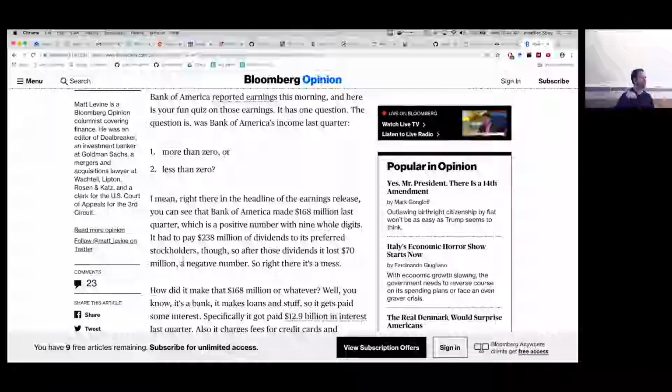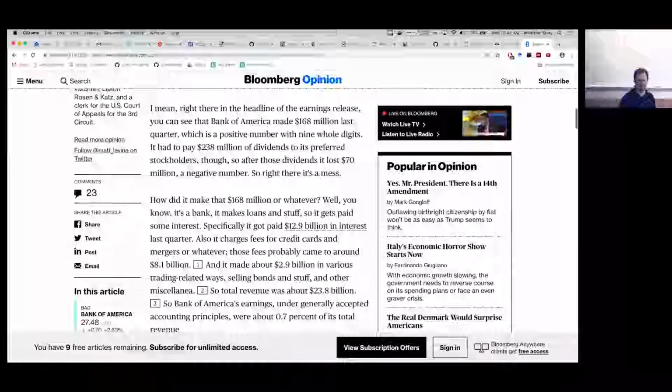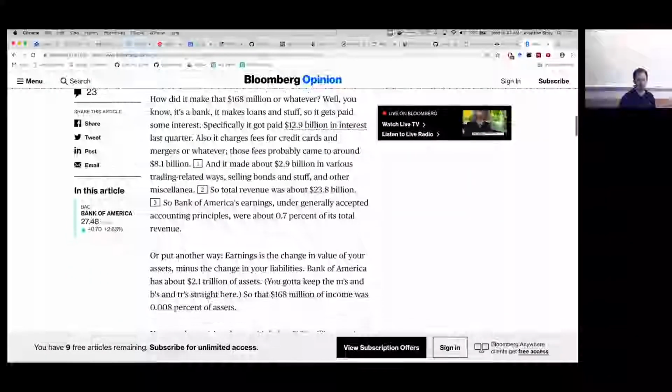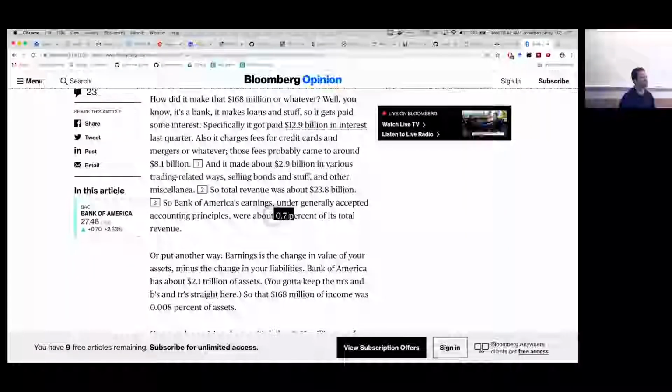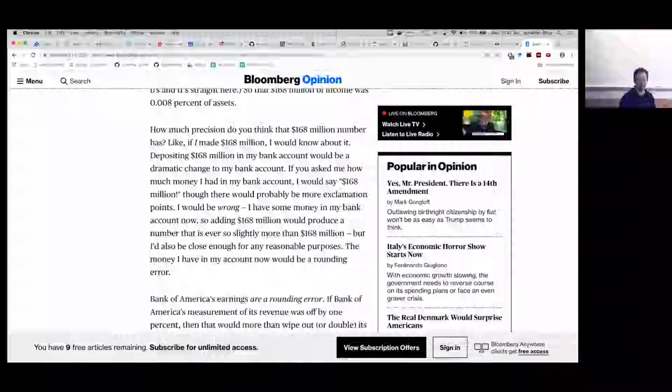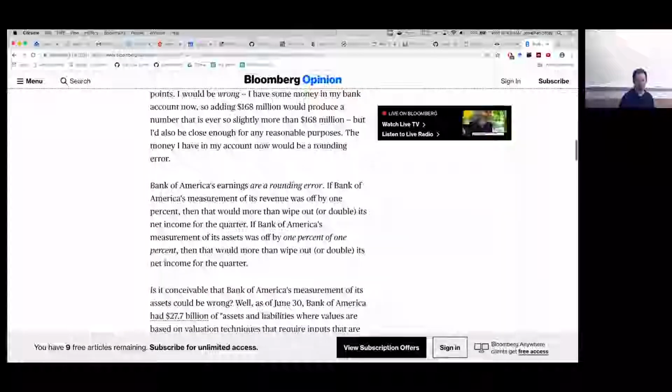This is just the rules about how to count this are very complicated. And the reason this is complicated is because you're looking at very small percentages of very large numbers. So it's the same situation as the job report. There you go. Bank of America's earnings are a rounding error.